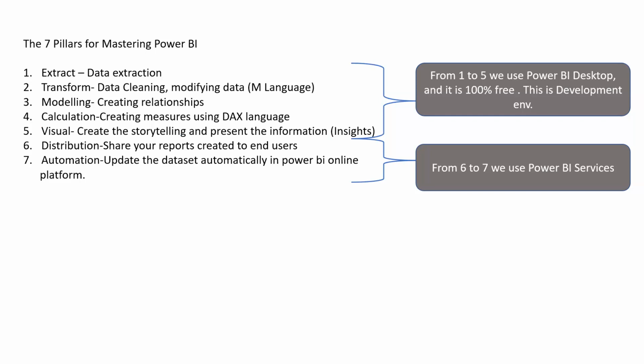If there is no admin team, we have to complete the 6th and 7th activities as well. It depends on the company. So if you want to master steps 1 to 7, you can go for the Power BI PL-300 certification, or you can get a job in Power BI.